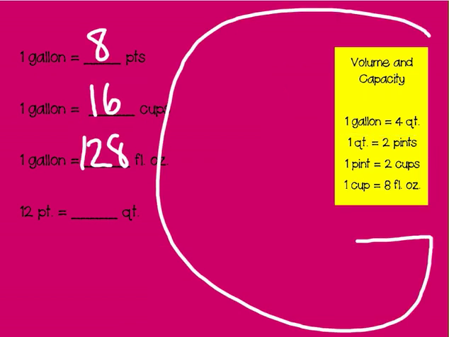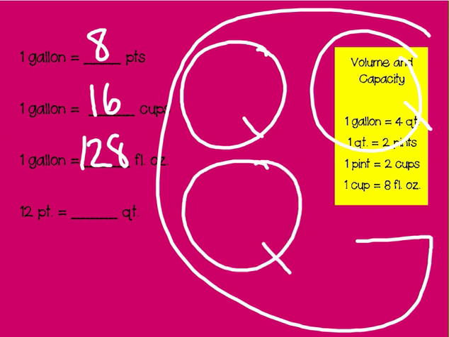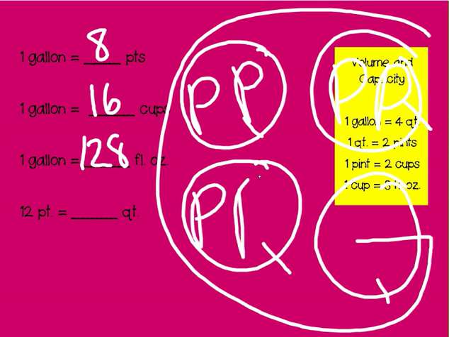There's a much easier way to find these conversions by drawing a huge G, and then inside of it put 4 quarts. Inside of each quart you have 2 pints, and inside of each pint you have 2 cups.